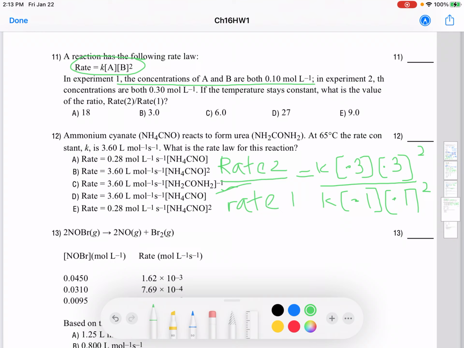So K cancels K, and you get 0.3 raised to the power 3 over 0.1 raised to the power 3. You solve it and you can find the value of the ratio. Okay, so you guys can do that.